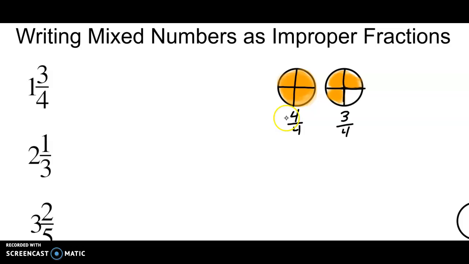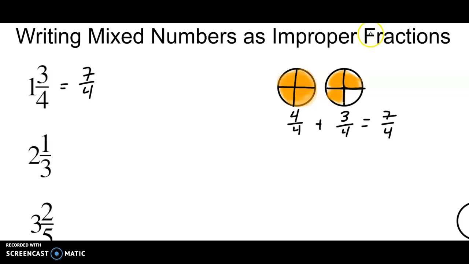All right, so I have 4 fourths plus 3 fourths gives me 7 fourths. So 1 3/4 gives me 7 fourths. That whole became 4 fourths plus the 3/4 gives me 7 fourths.